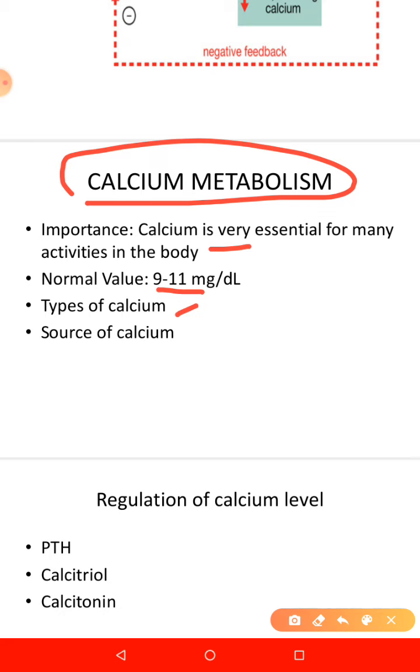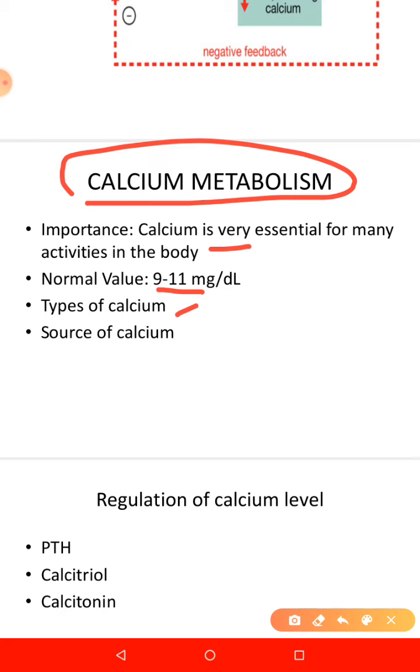Then we have the non-ionized or non-diffusible calcium, present as calcium bicarbonate, which is about 8 to 10% of plasma. And then we have calcium bound to albumin, which is about 40 to 42%. So what I'm trying to say is that calcium exists in three forms.